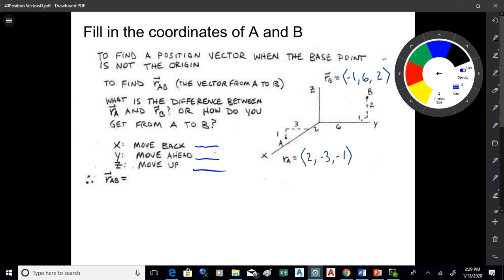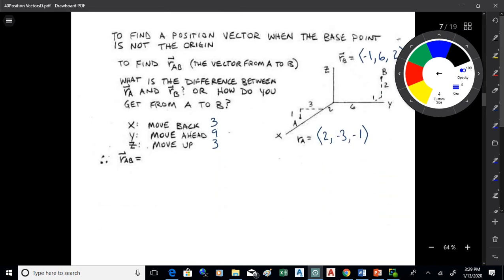All right, so to get from A to B, what do we do? In the X direction, we're going to go back 3, right? Because in the X direction, we're going back 2, and then we're going back 1 more. So that's back 3. Good with that? The Y direction, what are we doing? We're going over 3, and then we're going over 6 more. So that gets us 9.